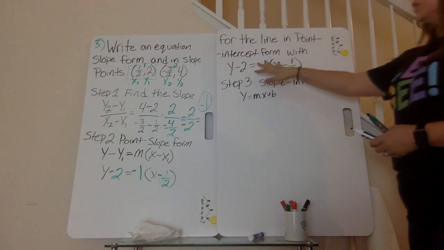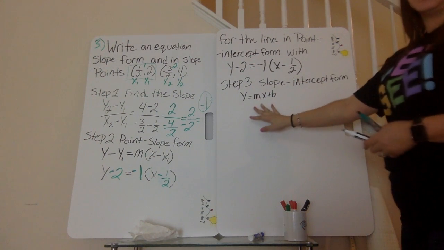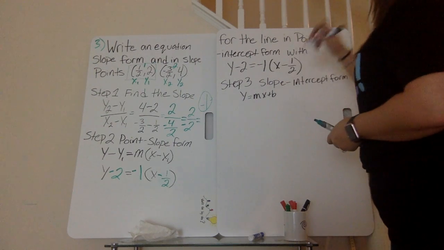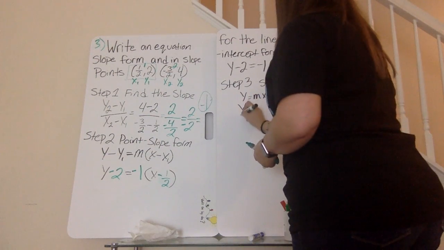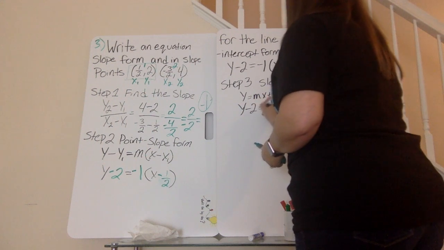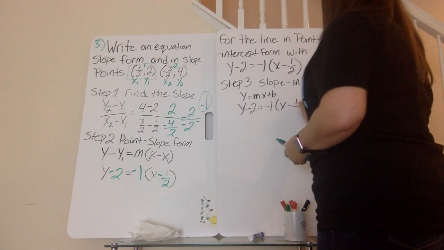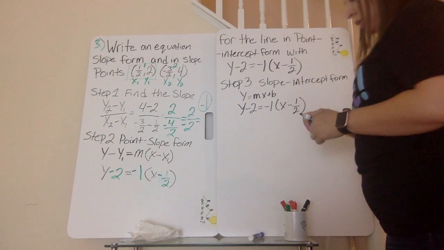So I want this form up here, the point-slope form, to be converted into slope-intercept form. So I'm going to take our equation, write it one more time. y minus 2 equals negative 1 times x minus 1/2. And I'm going to distribute. I want to change my color.